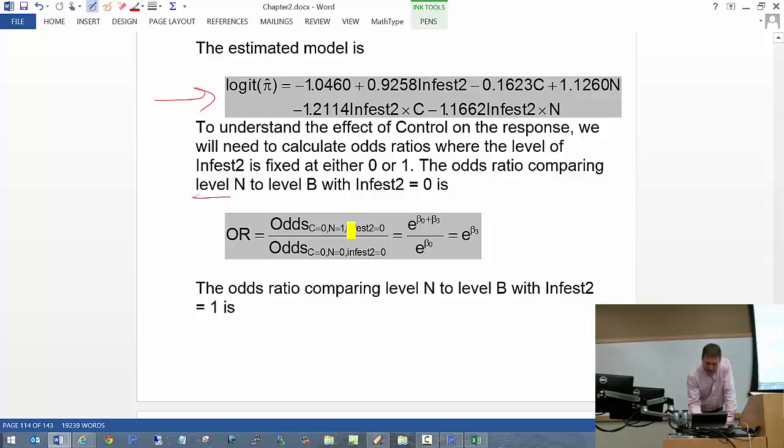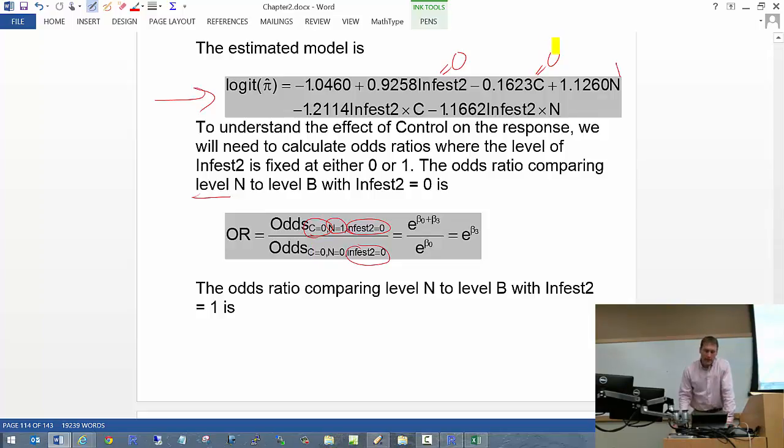Okay, infest2 is equal to 0, so that means that's going to be 0 up there. So that beta is essentially going to fall out of my model. N is equal to 1, so there's a 1. And C is going to be a 0, because we're not comparing to C, we're comparing to level B. So that's going to be a 0.